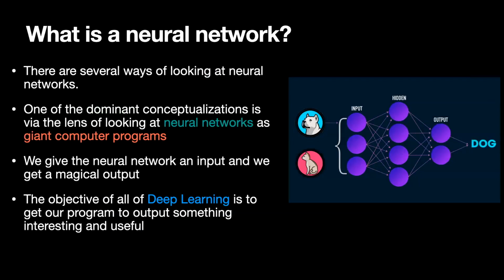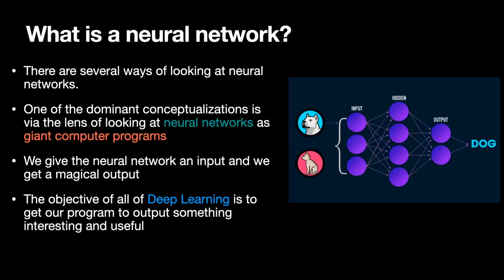Okay, so I'm sure you guys know what a neural network is, but I have this slide because I want you to conceptualize it in a unique way that I've heard before and really like. One conceptualization is that a neural network is a giant computer program, and the code for the computer program is the weights.